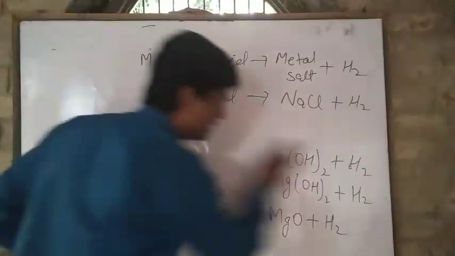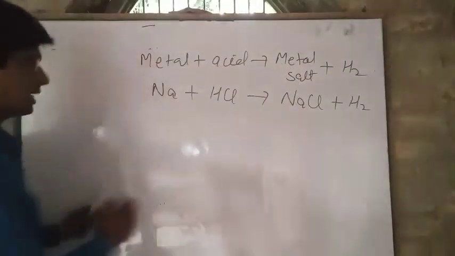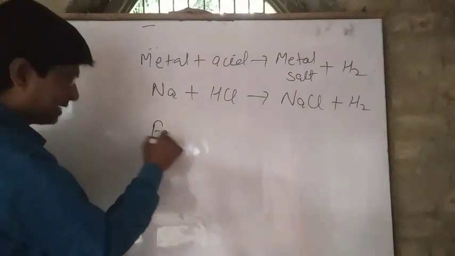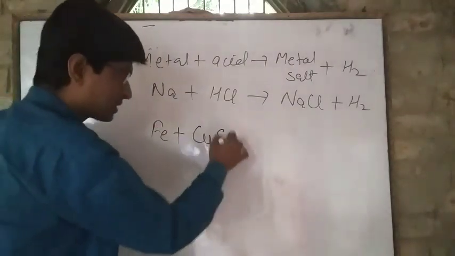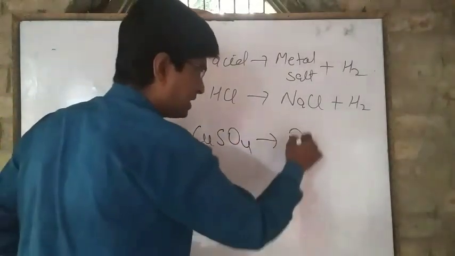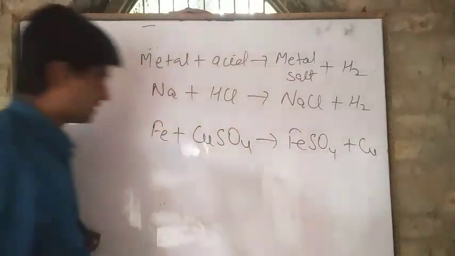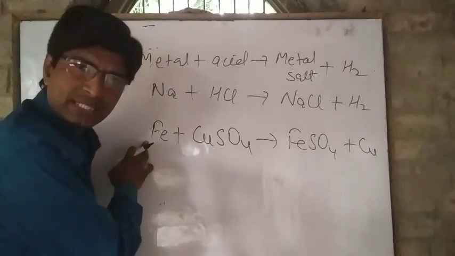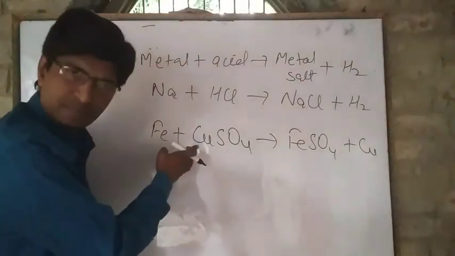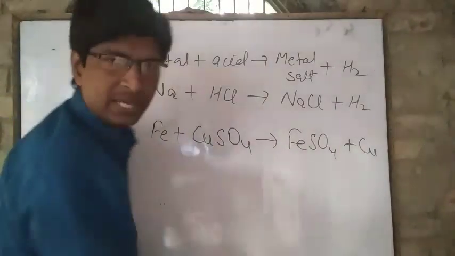For example, when iron reacts with copper sulfate, it produces iron sulfate and copper is formed. In this reaction, iron is more reactive than copper, so iron displaces copper and forms its salt.